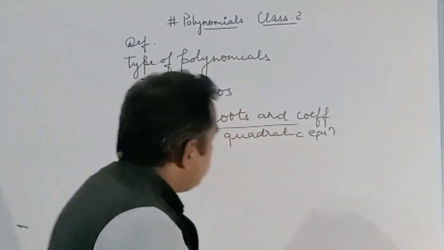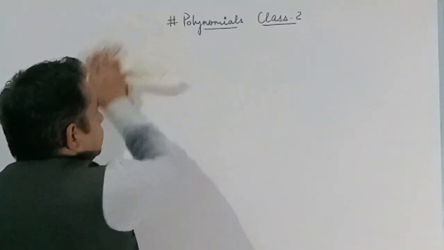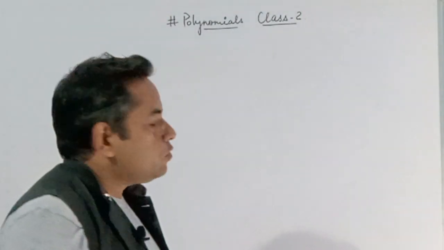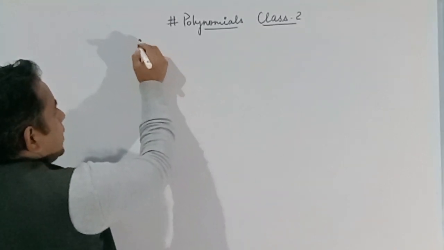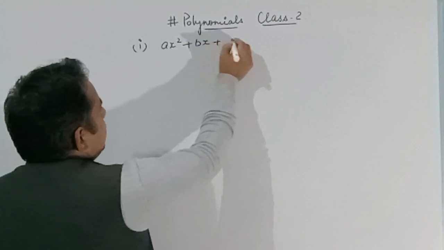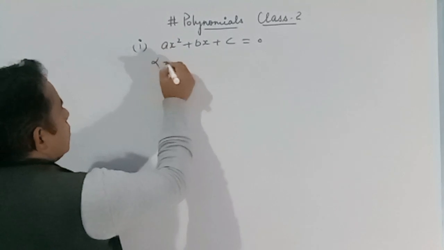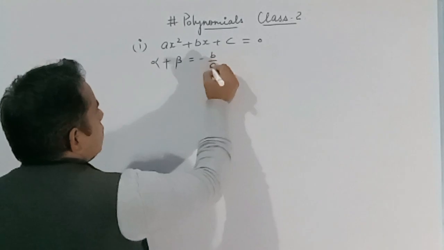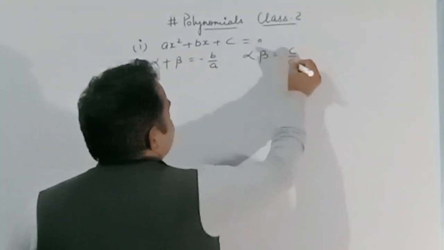So first we will see the relation between the roots of a cubic equation and its coefficients, and then we'll move to the next one. Okay, what about the quadratic? First we write a quadratic equation. The relation between roots and its coefficients was the sum of the roots and its multiplication is equal to this.